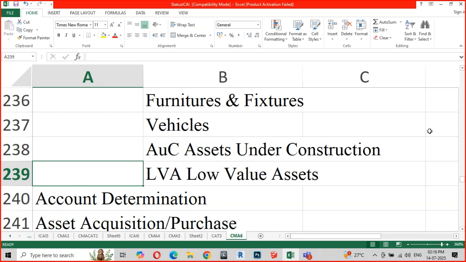This is the typical concept of assets under construction. Each expenditure I incur during the process of building up my asset is treated as AUC in SAP.